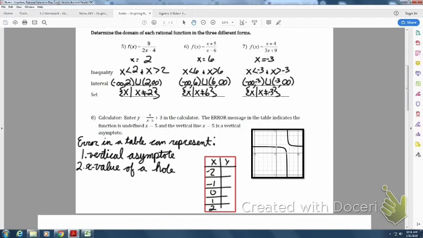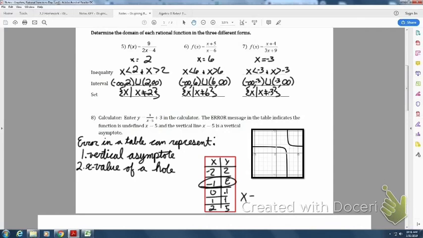Alright, so what you may see on this is, I don't know, those numbers aren't going to be right. But if you're given a table and it asks where's the vertical asymptote, look for where it says error.